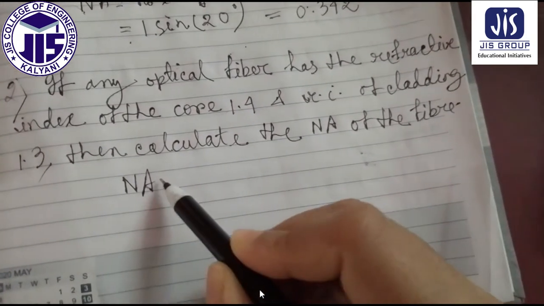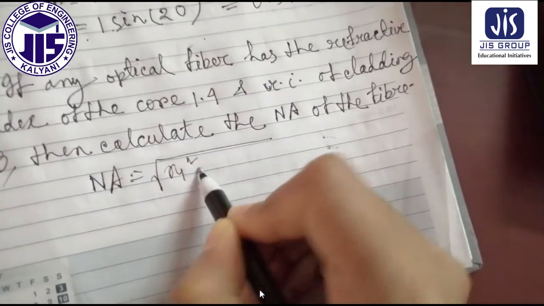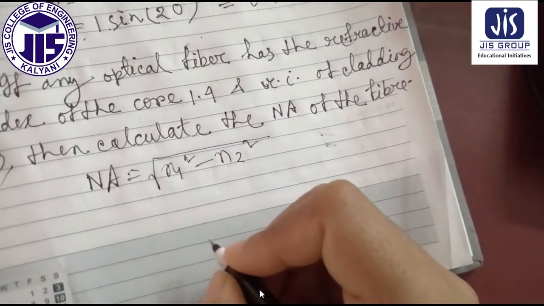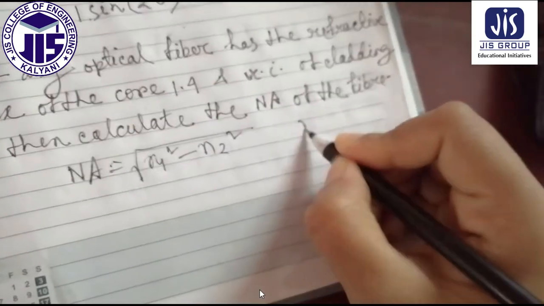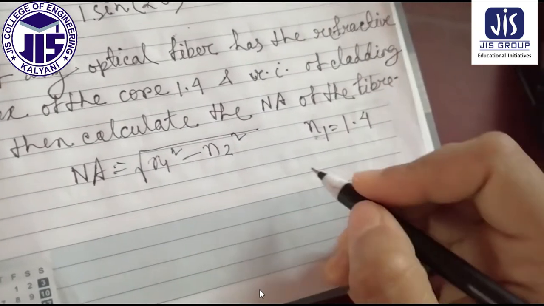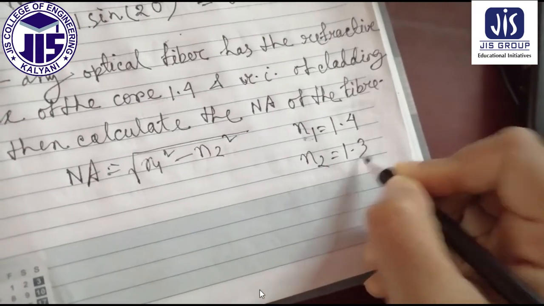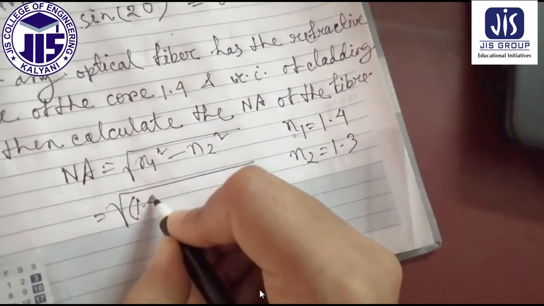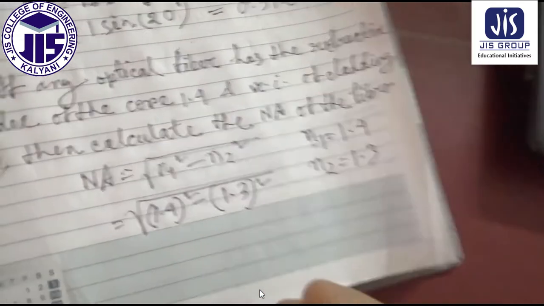Now NA equal to root over of N1 square minus N2 square. Very simple. Now you just have to put the values. Here N1 equal to 1.4 and N2 equal to 1.3. Now you put the values over here, that is 1.4 whole square minus 1.3 whole square, which is 1.96 minus 1.69.